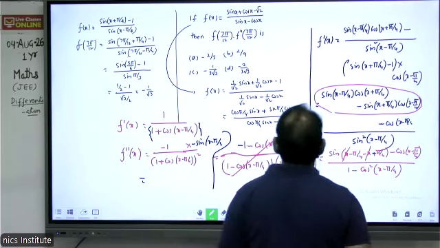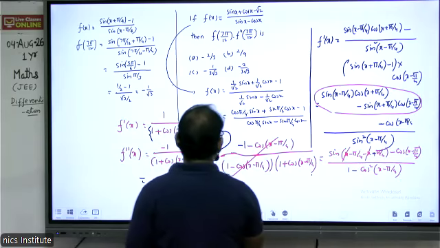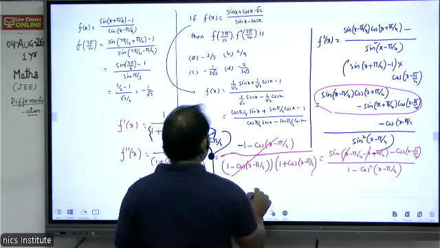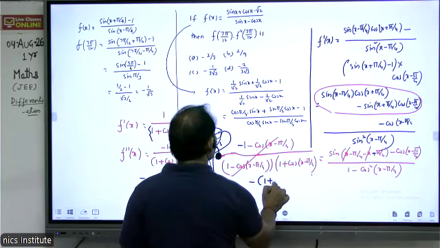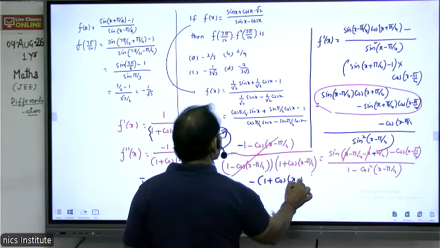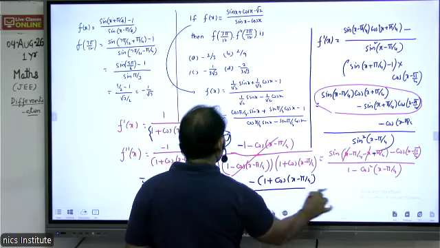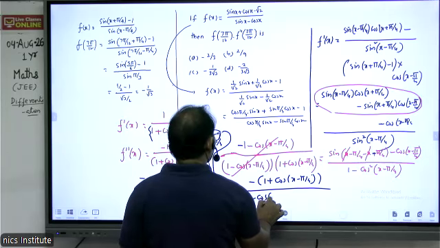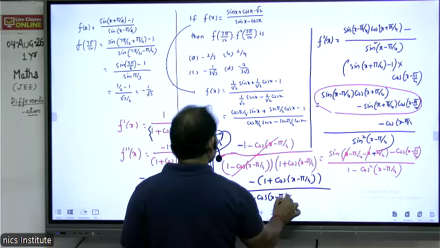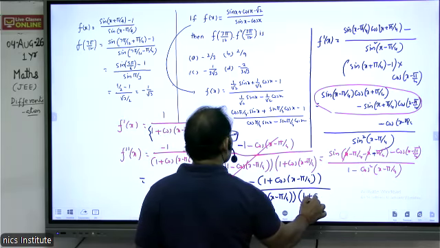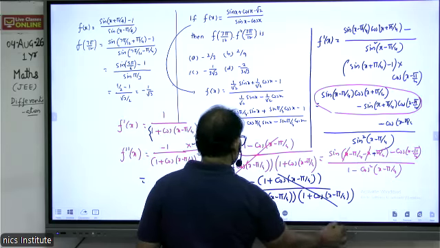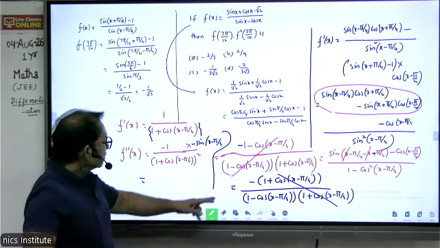सर मेरा ना आंसर -2/9 आ रहा है, बट वो ऑप्शन में नहीं है। देखो कहीं चेक करो, गलती हुई है। The recent question of J. So when I take minus sign common and factorize the denominator using a square minus b square, the plus term gets cancelled, right? The minus term will be there.